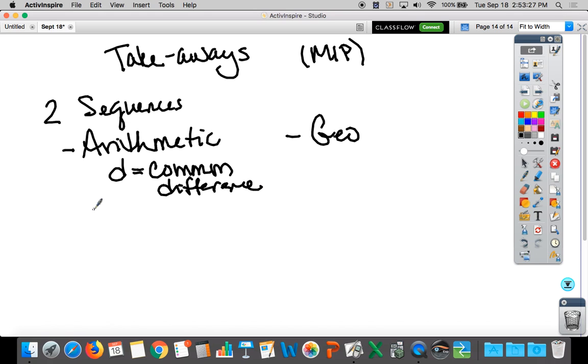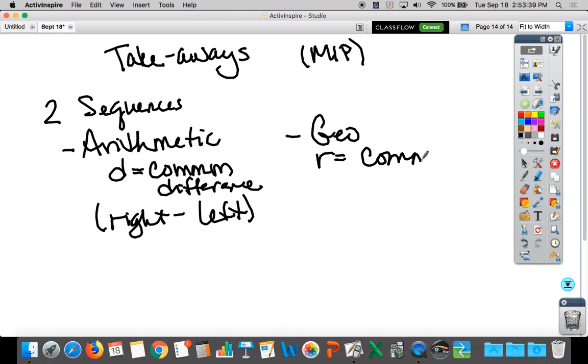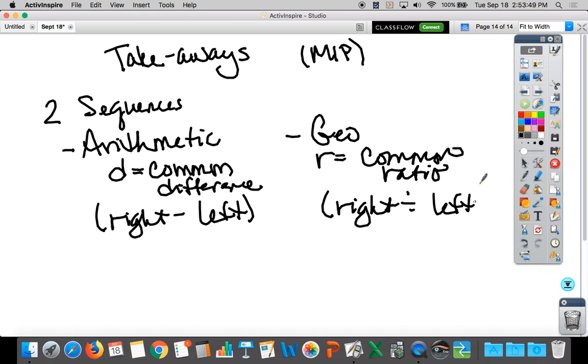And how did we come up with that? Right minus left. And geometric is common ratio. And how did we come up with that? Right divided by left.